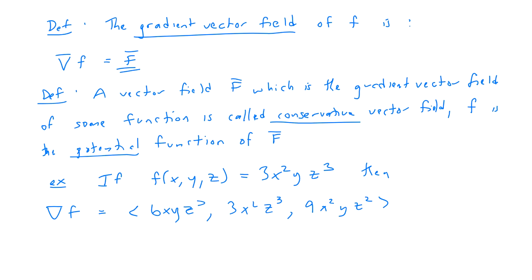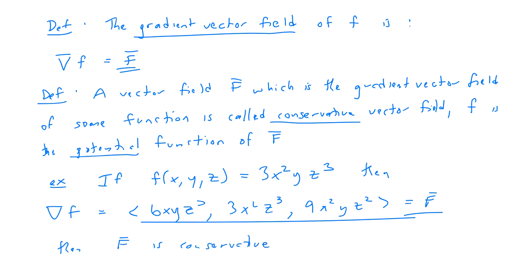If I call this F, so if this is vector field F, then that vector field is conservative because there is a function whose gradient is equal to it.